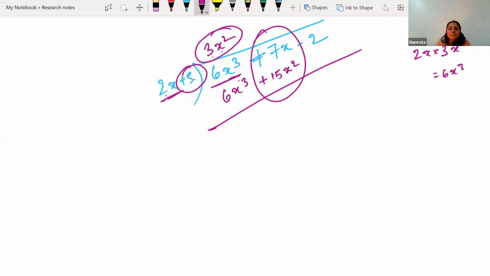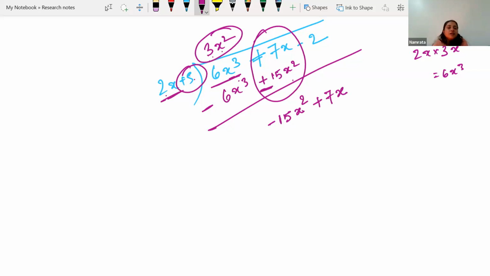No. In such a scenario, the subtraction sign will also change. We will be copy pasting. If calculation is not possible, we will write minus 15x square plus 7x. We will write it as the next step, and then again we will try to divide it.